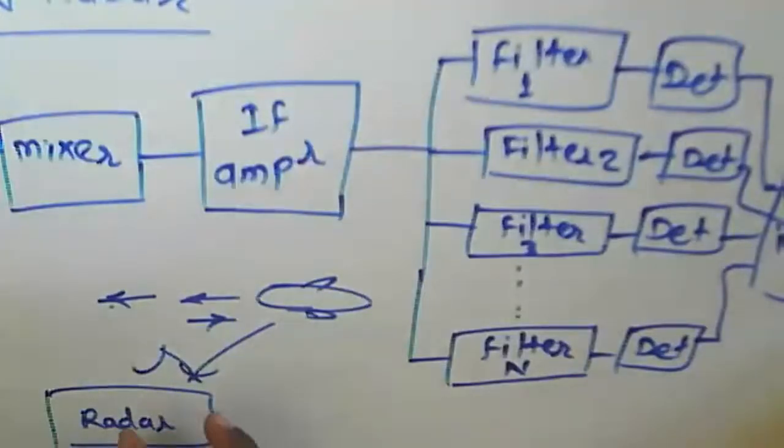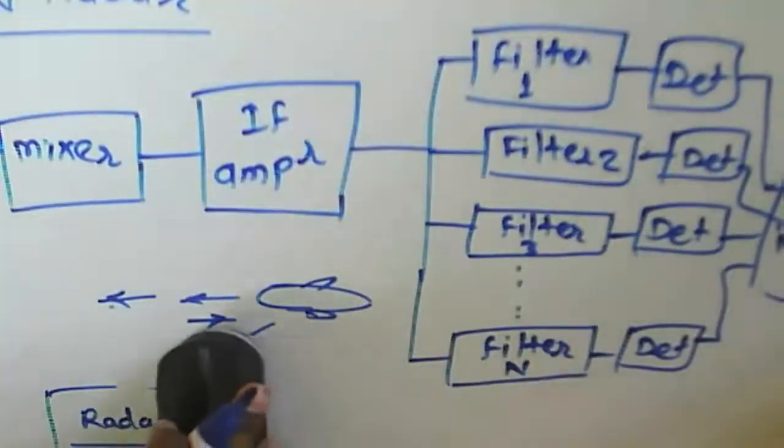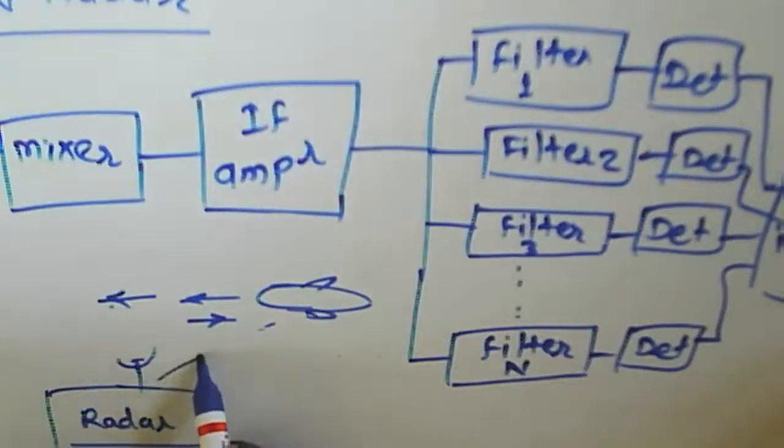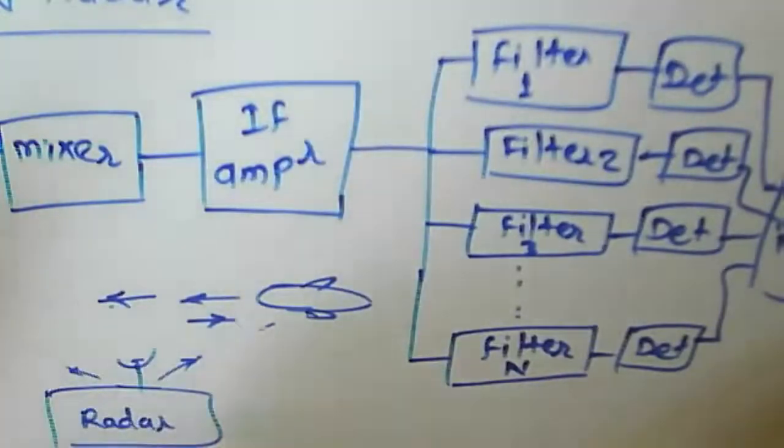So we need to use a motor here, which will allow the antenna to rotate 360 degrees, or 180 degrees, either this direction or that direction. So the antenna is to be rotated.